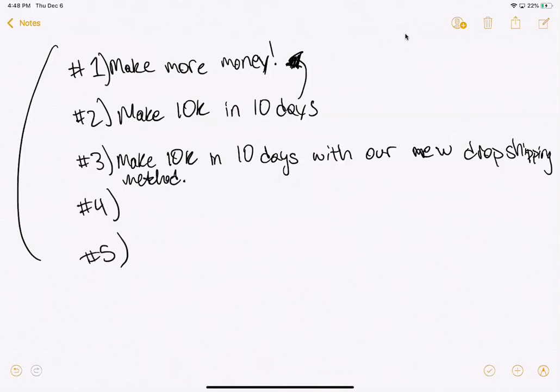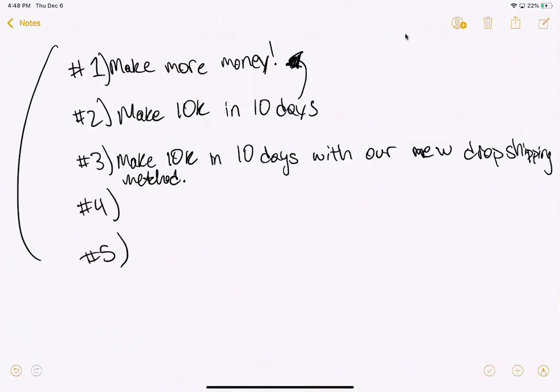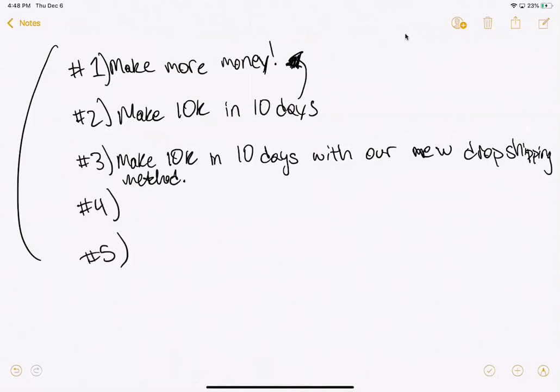And then number four, enlarging more on the claim, or I'm enlarging more on the mechanism, which is giving more proof, more backing evidence, more things that increase the validity of the statement. So number four would be make 10K in 10 days with our new drop shipping method. What I've seen for number four in the space is a lot of people using testimonials, like Alex, I think his name's Alex Beck, or it might be Alec Beck or Adam Beck.